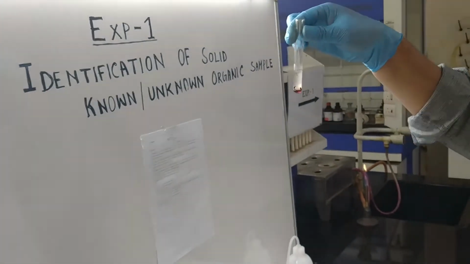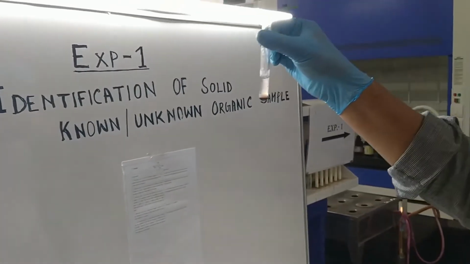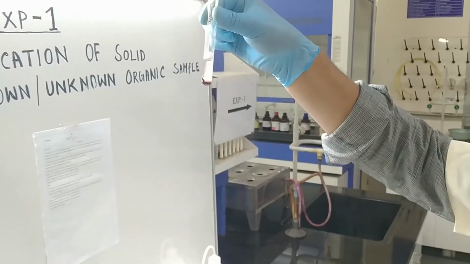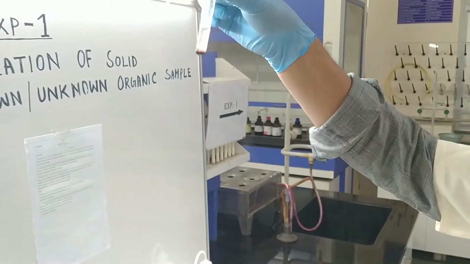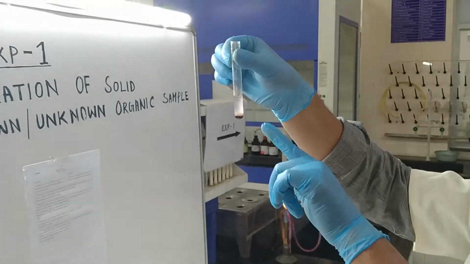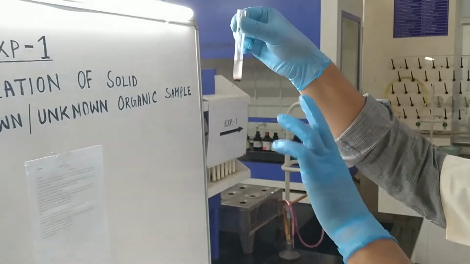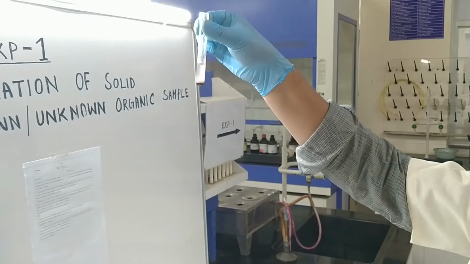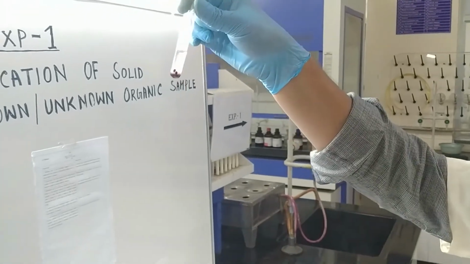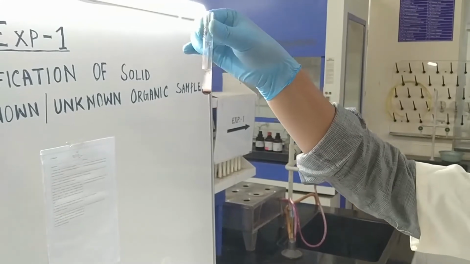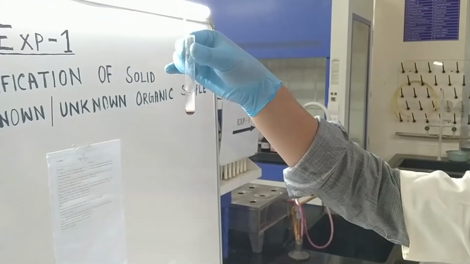Actually, in the Molisch test, this type of observation generally appears. A ring is forming at the junction point of the two mixtures. So this is also positive. So our Molisch test is also completed.